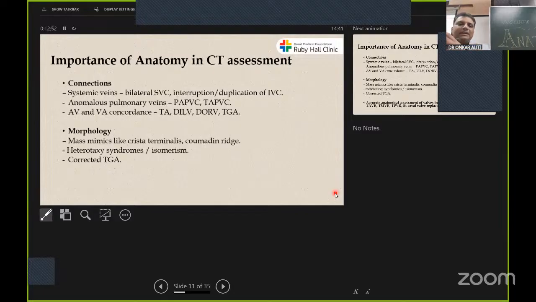In corrected TGA, the AV discordance is there, as well as VA discordance. So what is VA discordant? The aorta is arising from the right ventricle and the MPA is arising from the left ventricle. So in corrected TGA, if you see blood flow-wise, the deoxygenated blood goes to the pulmonary artery, and oxygenated blood goes to the systemic veins.